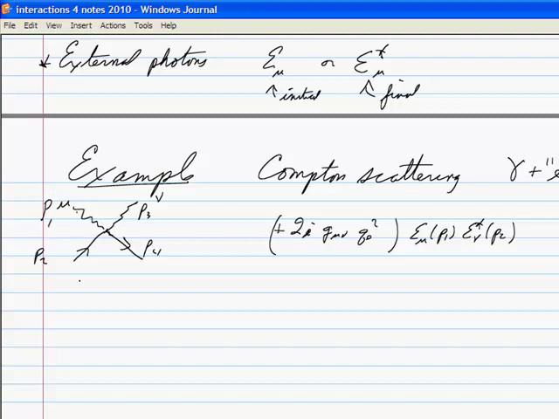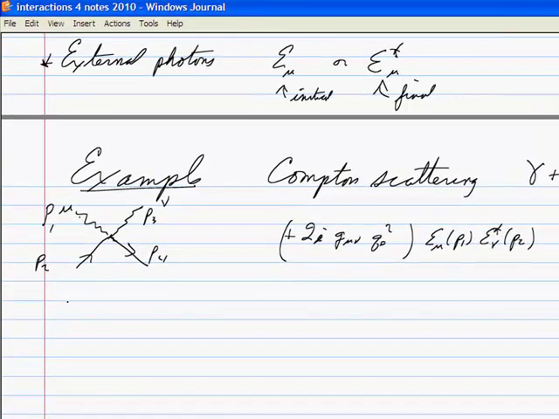Okay, there's actually two more that we have to do. Let me do them also. At the same order in the charge, I have P1, P2, P3, P4.